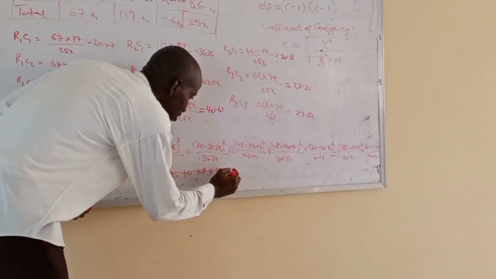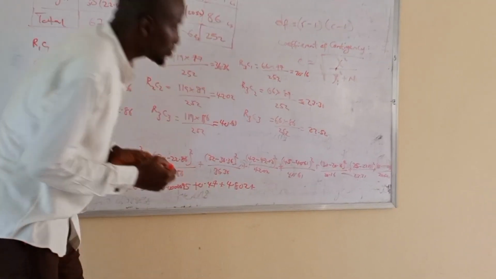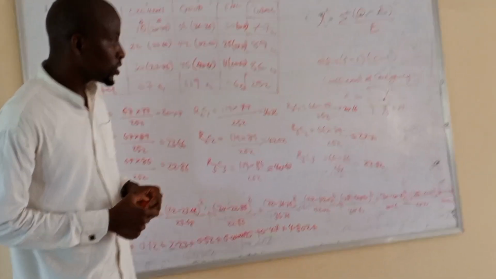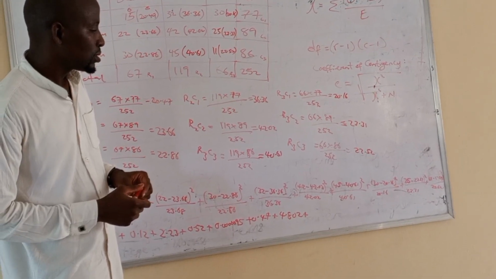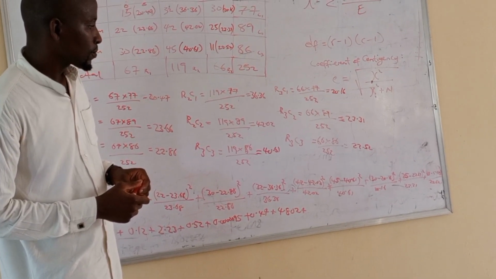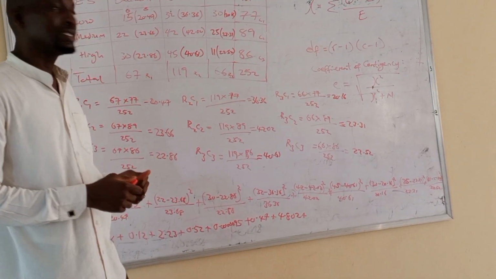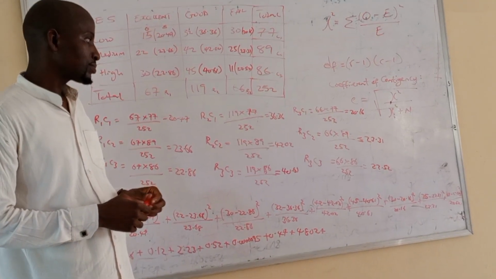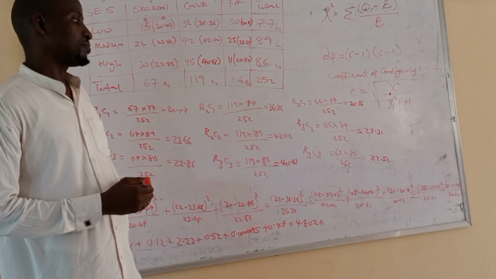4.8. Then the next one, 25 minus 20.31. Then you square it. Then you divide by 23.31.